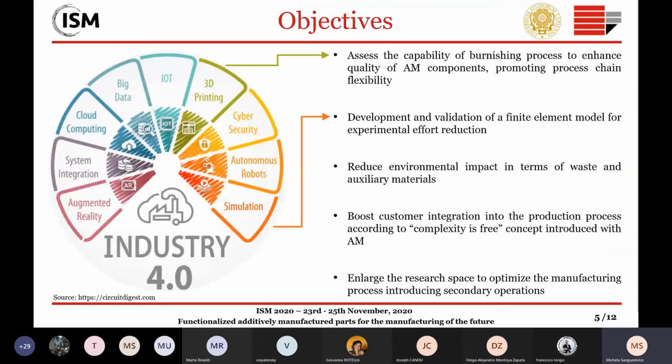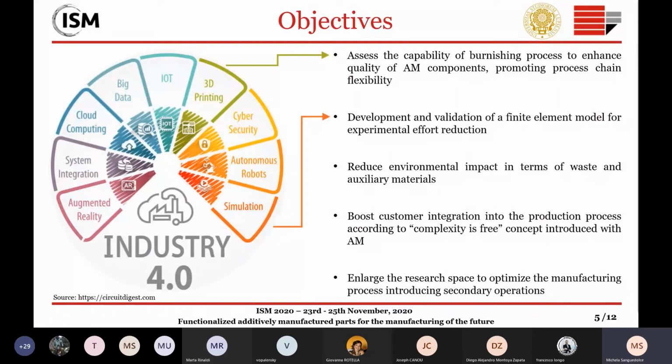Going to the objectives of this work, we meant to activate two pillars within the Industry 4.0 framework. The first one, the 3D printing, the second one, the simulation. In fact, through 3D printing and post-processing burnishing, we meant to assess the capability of this process to effectively enhance the quality of the components, thus promoting a flexible process chain.